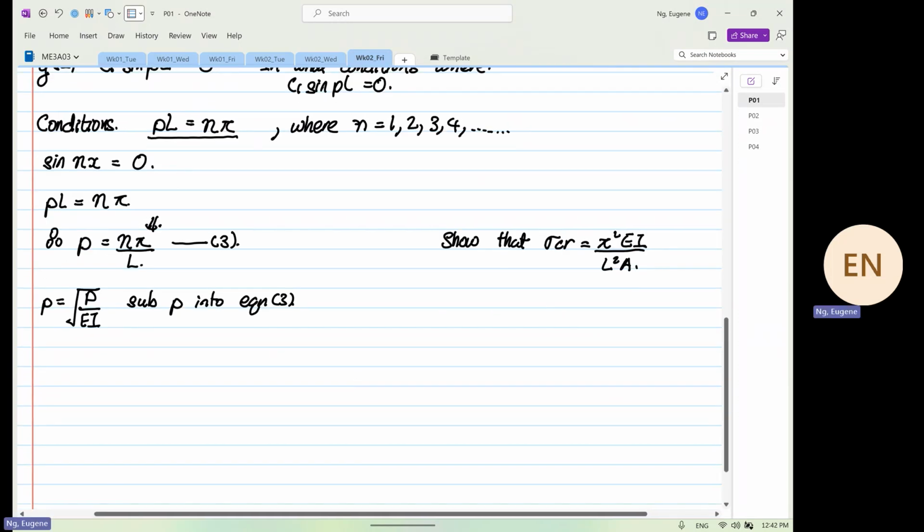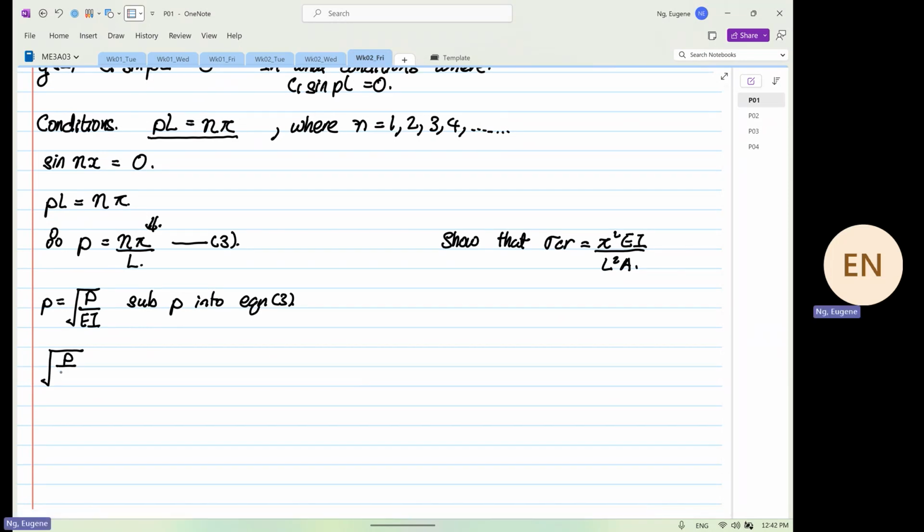So now we have the square root of big P over EI equal to N pi over L. From here, capital P over EI is equal to N squared pi squared over L squared.